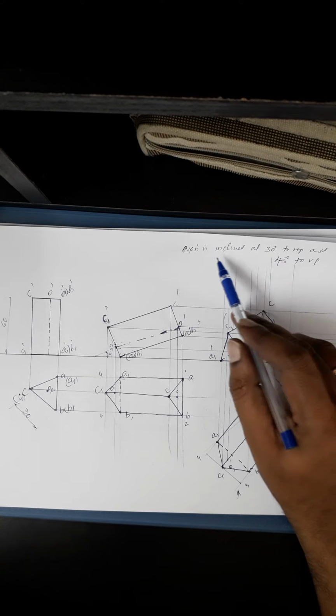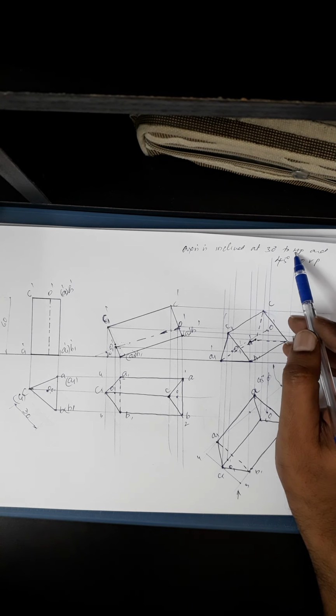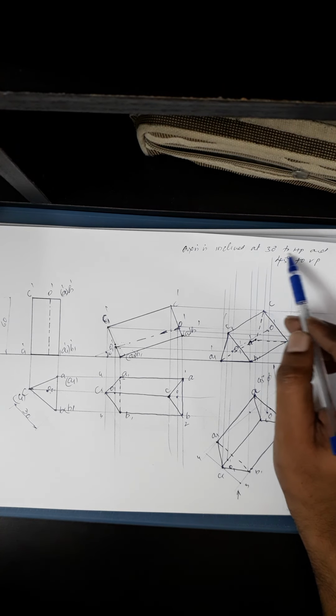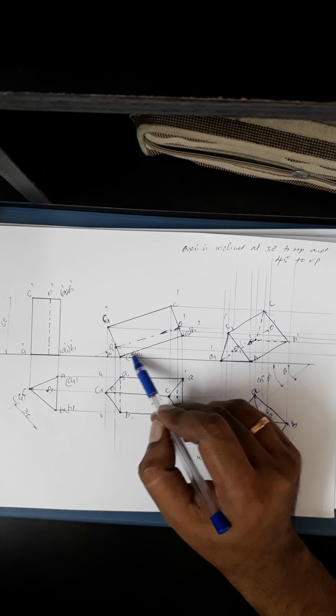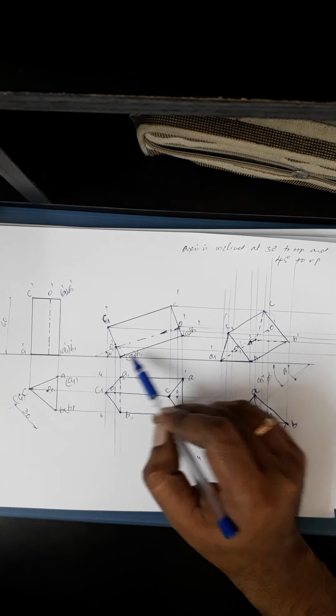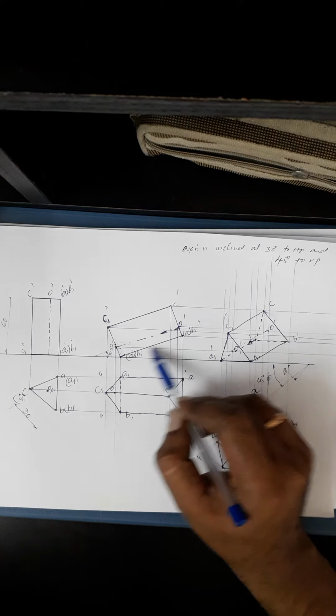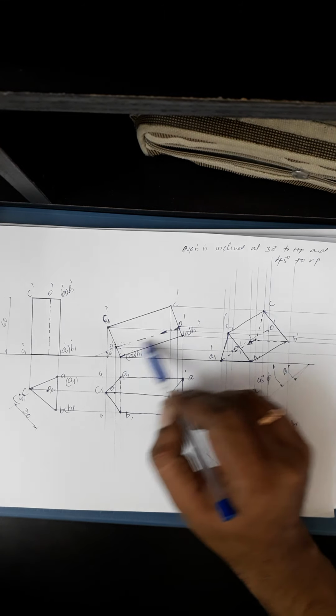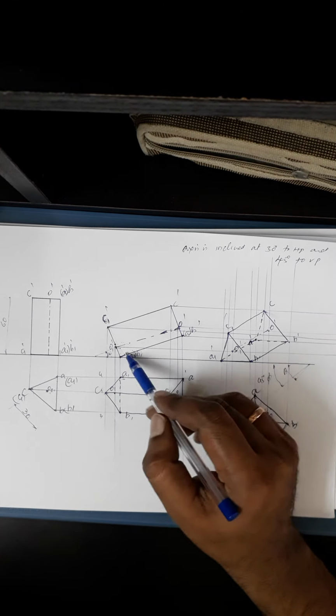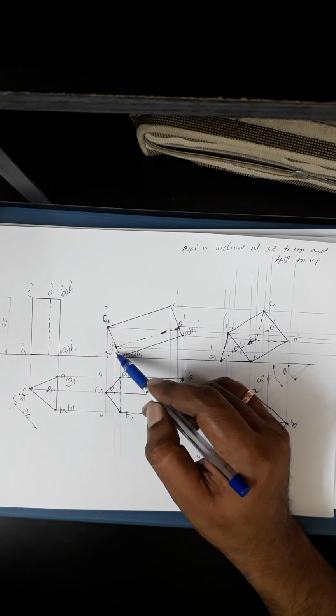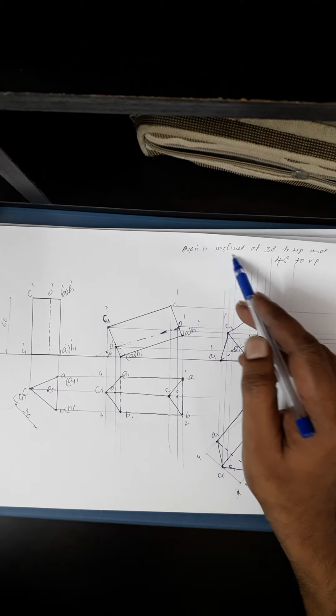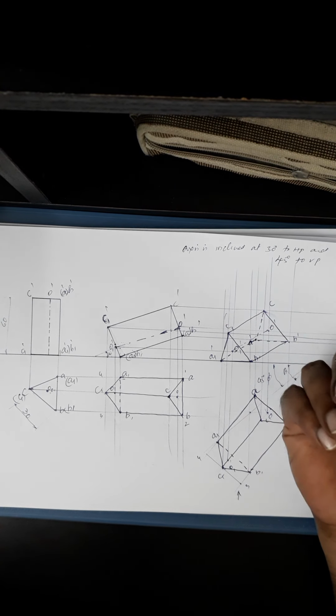So the axis is inclined at 30 degrees to HP. I told you this can be given in 3 other formats. The rectangular surface containing that edge on which it is resting is inclined at 30 degrees. This is the rectangular surface that will be parallel to the axis, so the same inclination can be given. The base will be inclined at 90 minus this axis inclination. In that case, he can give you that the base is inclined at 60 degrees to HP.